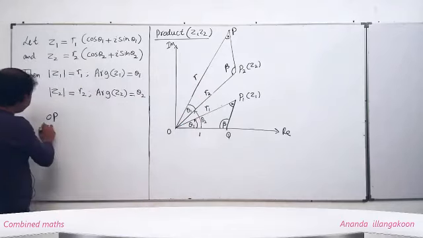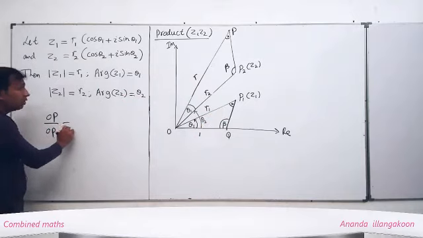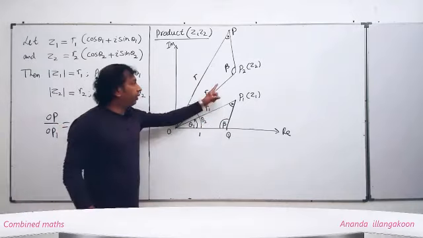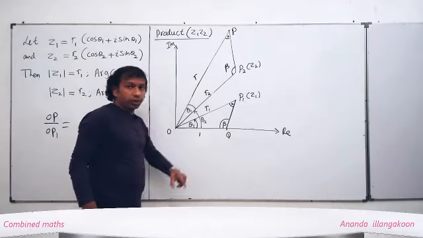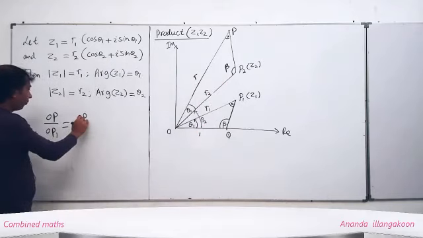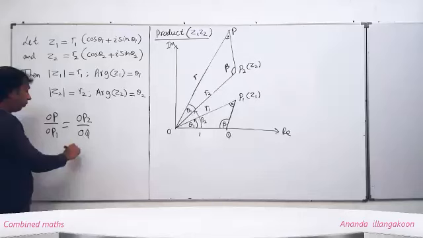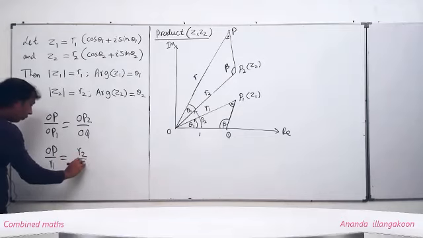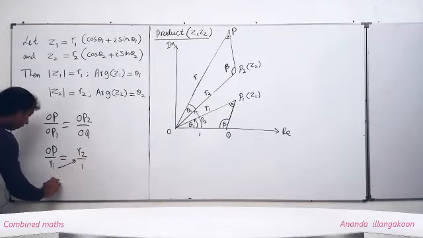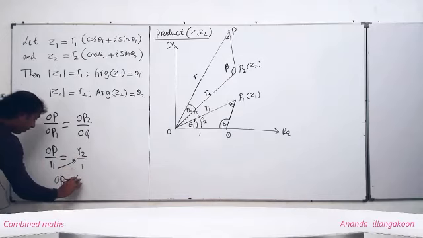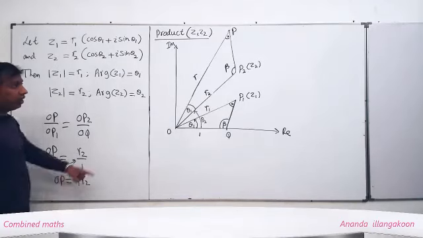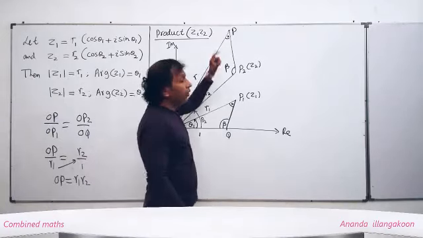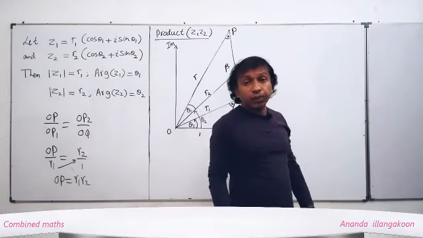When you divide them, it should be equal to OP2 divided by OQ. OP1 is R1, OP2 is R2, OQ is 1. Using cross multiplication, we get R1 R2. Then this length is going to be R1 R2.